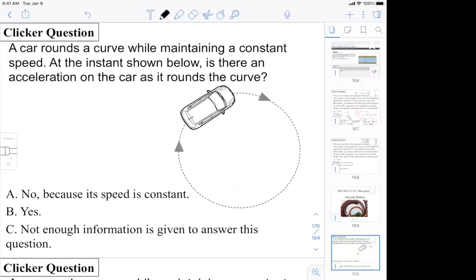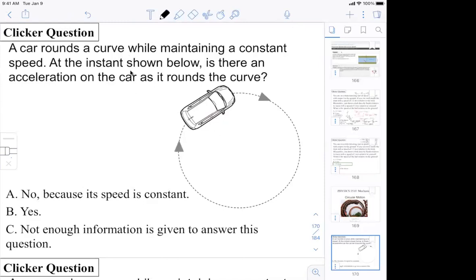If there is no, because the speed is constant, there's no acceleration, do you think that would be correct? Anybody?